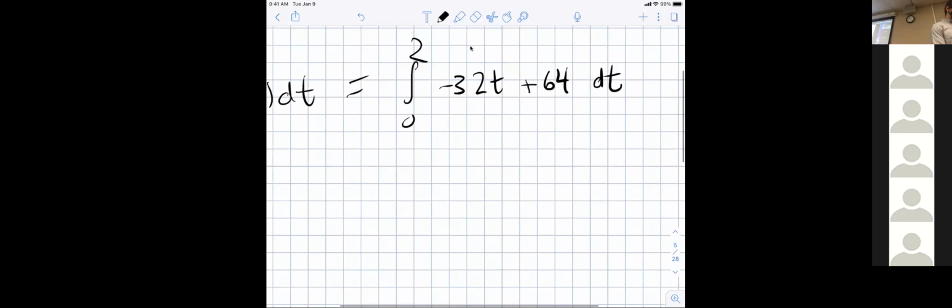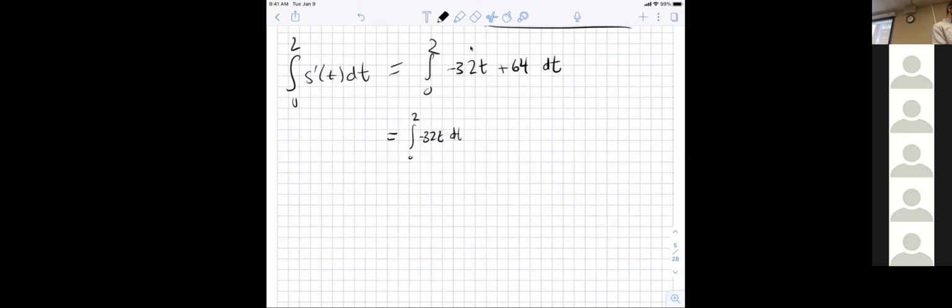So this is then equal to, well, let's break it up as far as it can go. This is the integral from 0 to 2 of negative 32t dt. Anytime you're integrating a sum, you can break it up into a sum of integrals, okay? So negative 32t dt plus the integral from 0 to 2 of 64 dt.